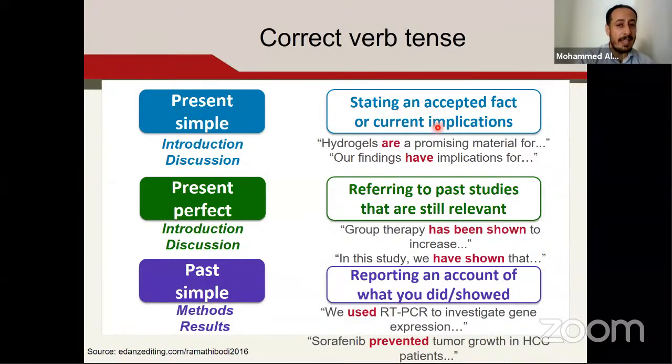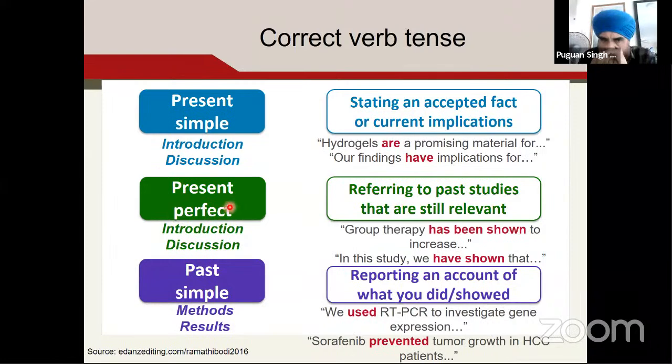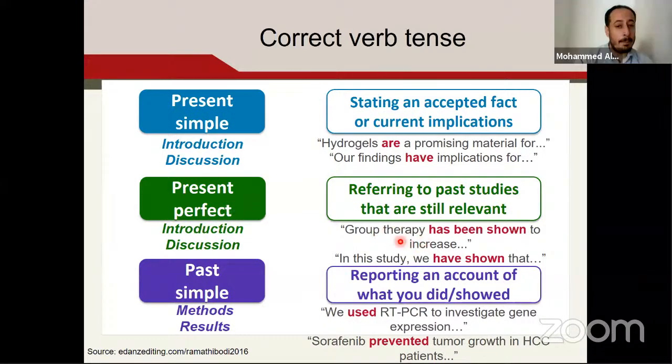If you are referring to past studies, both in the introduction and discussion, when you compare your result in the discussion or state previous studies in the introduction, use what tense? Present perfect. So, group therapy has been shown. Previous studies have reported this and that.